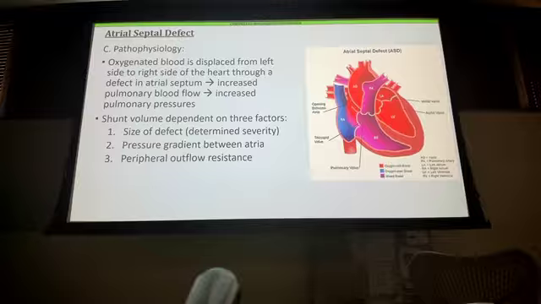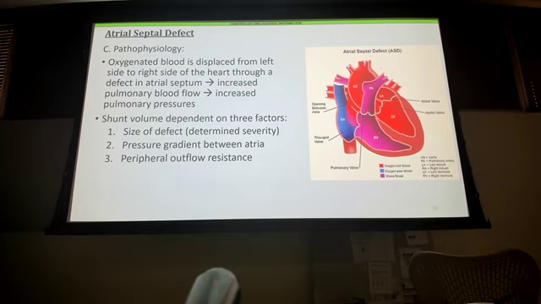Okay. But the problem with this, and the reason it's acyanotic, is you're still having oxygenated blood leaving the left side of the heart, so it doesn't look like you are having hypoxia. But the problem is you're having all this extra volume going to the right side of the heart that shouldn't be there.